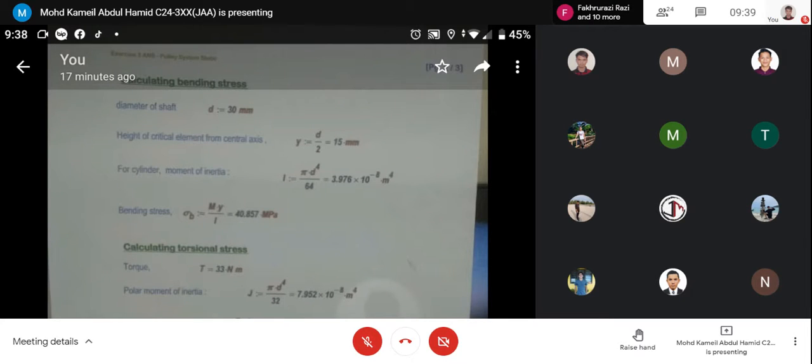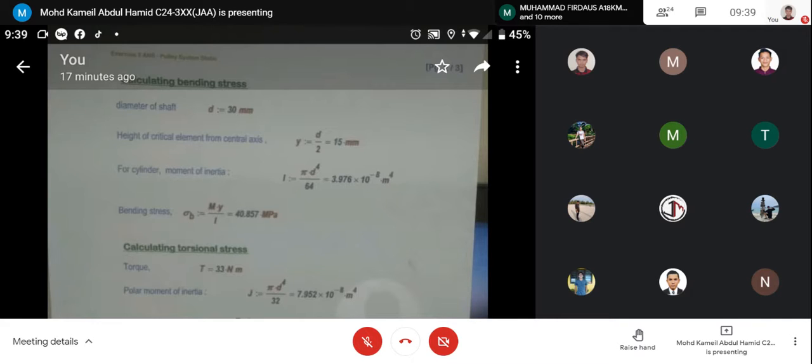D is 30 mm. So just solve for your sigma bending, and you get 40.857. There is no axial load.